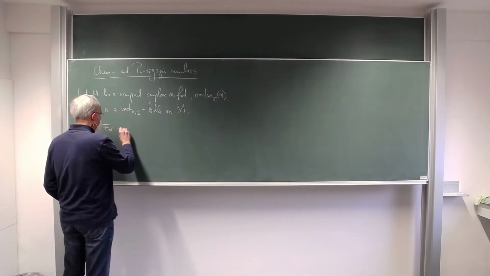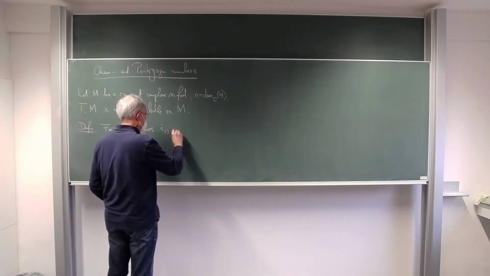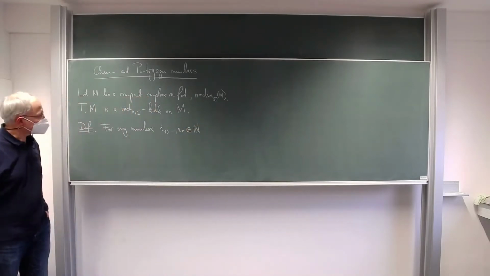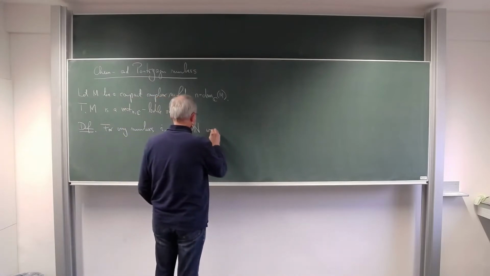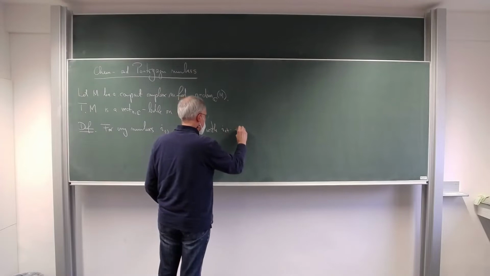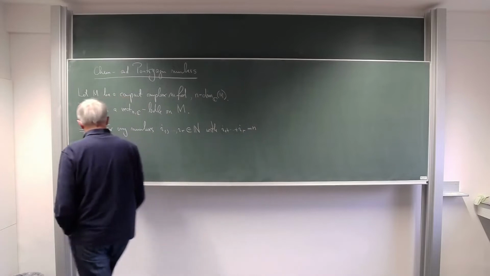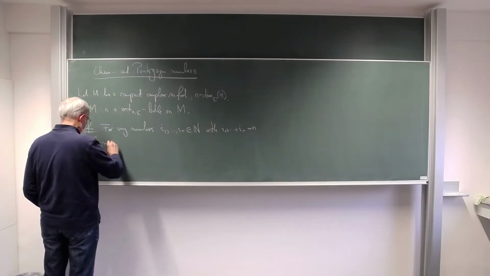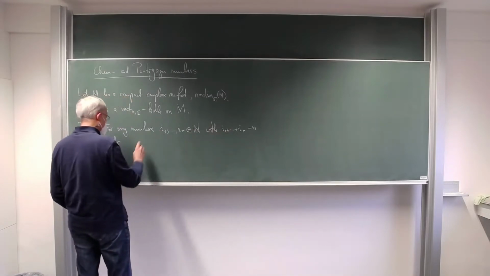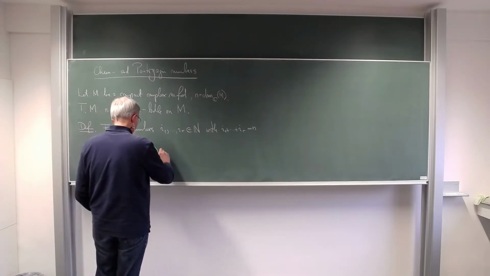For any non-zero natural numbers i_1 up to i_r which add up to the dimension n, consider the following number. Let's take the Chern classes with these degrees, c_{i_1} of the tangent bundle up to c_{i_r}, and multiply them.